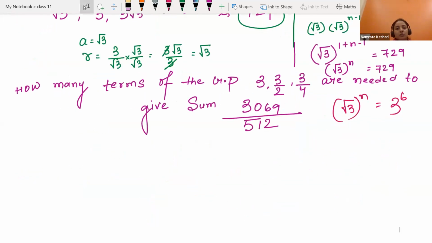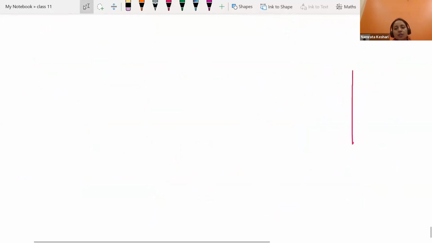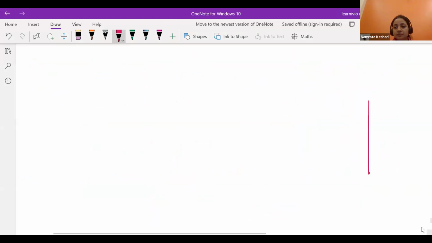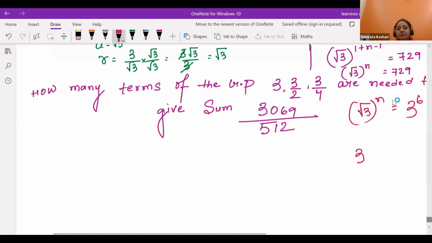Can I write this root 3 as 3 to the power 1 by 2? Manvi, do you know that the square root of 2 can be written as 2 to the power 1 by 2? Square root of 3 can be written as 3 to the power 1 by 2, right?